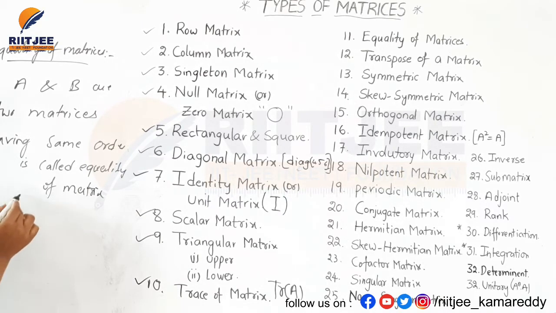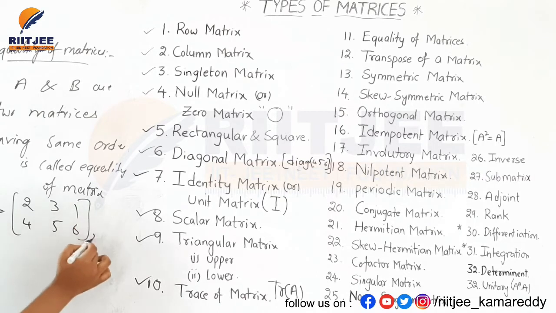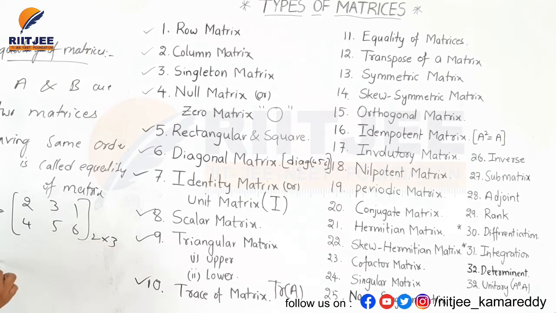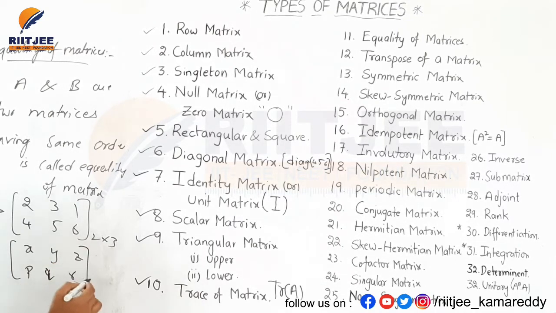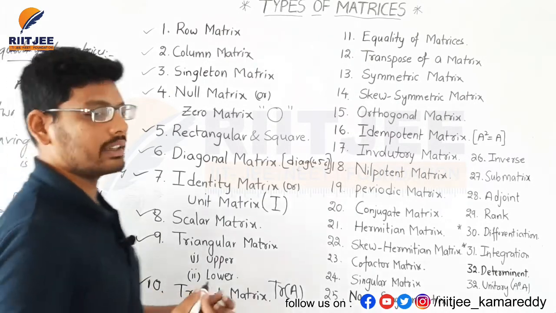A is equal to 2, 3, 1, 4, 5, 6 of order 2 by 3 and B is equal to X, Y, Z, P, Q, R. This is also of order 2 by 3. Here, the two matrices have the same order, so these two matrices are said to be equal.